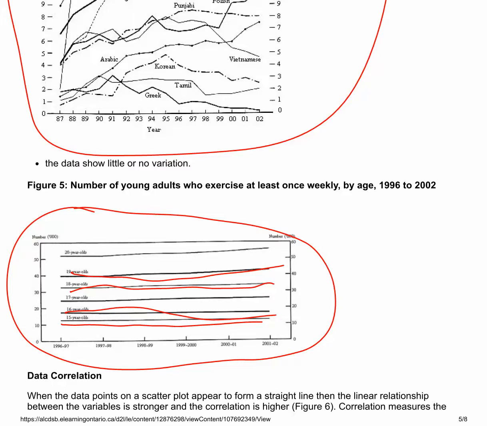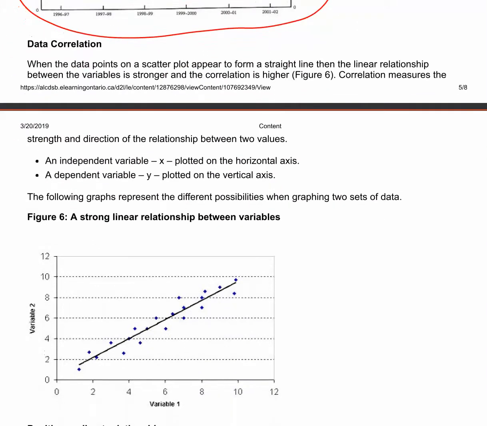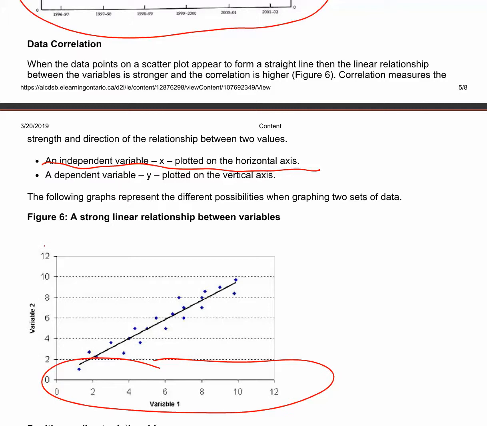The next part we're going to talk about is data correlation. Correlation is when there is some sort of relationship between the values, like the variables x and y. The independent variable, known as the x variable, is on the horizontal axis, and the dependent variable, the y variable, is plotted on the vertical axis.